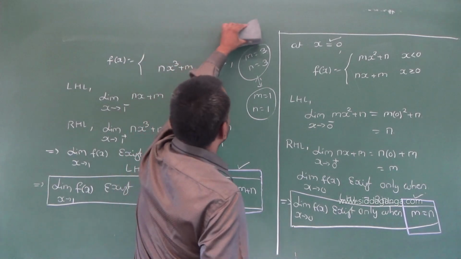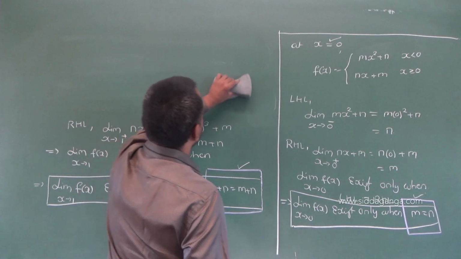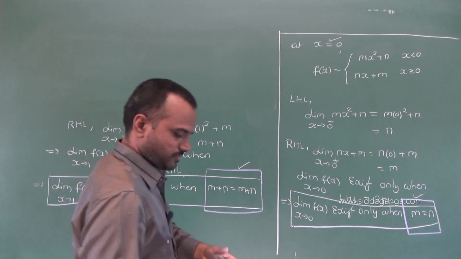Therefore, I write here: for what integers m and n do both the limits exist?